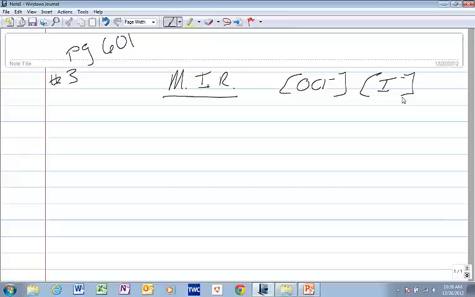So what we always want to do first with the method of initial rates is we want to make the generic rate law, but we want to substitute in our reactants. Okay, so no more A and B. We actually know what those reactants are now.